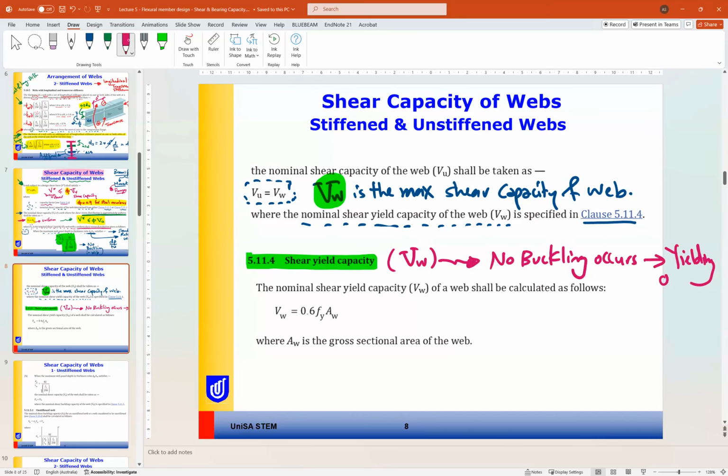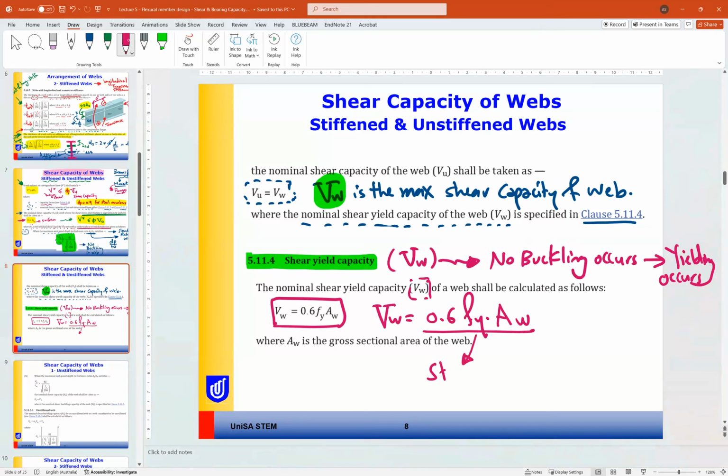So that's why we are considering VW. VW equals this formula here, VW equals 0.6 F yield AW. F yield is the steel yield strength. AW is the gross sectional area of the web.